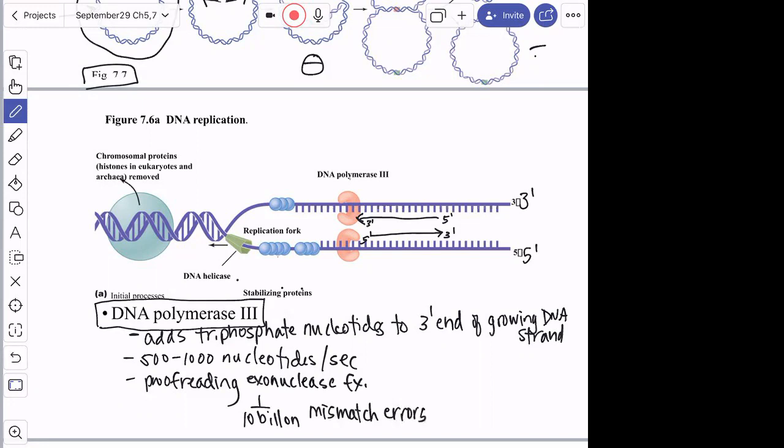That means putting the wrong base, say, putting a T with a G or something. They're not complementary bases. So a pretty low error rate. Well, that's good. That's what we want.